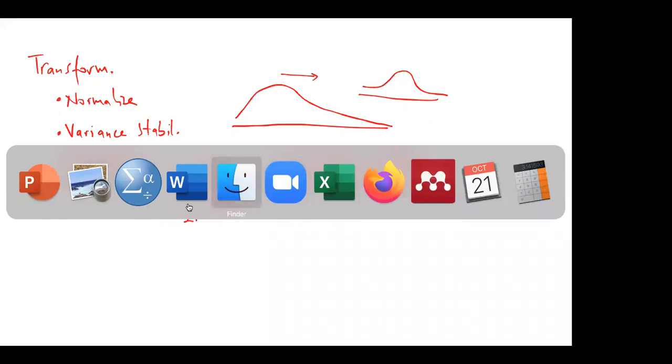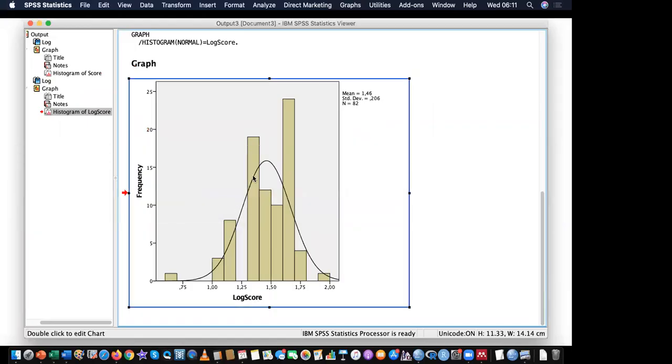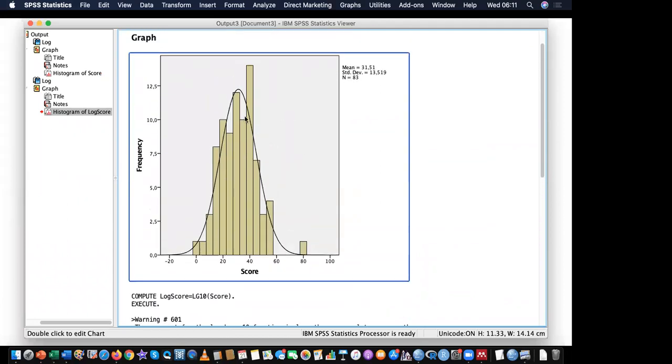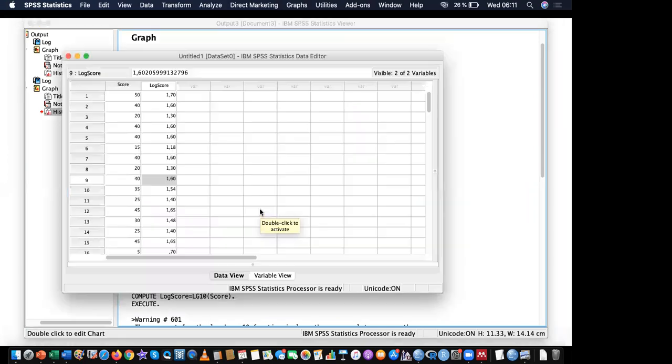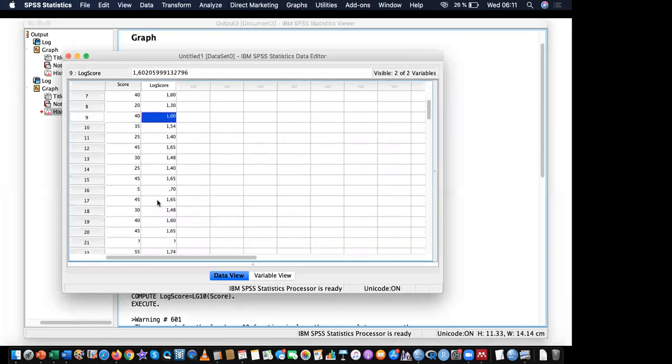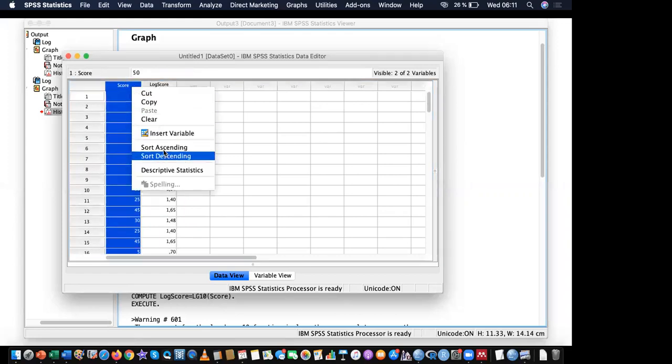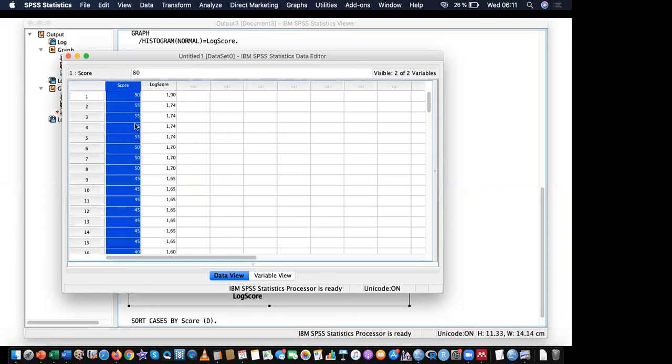Yeah, but I don't have right skewed data here. Your scores here are normally distributed. You want to see it right skewed. Okay, let us try. Let me order your scores descending.